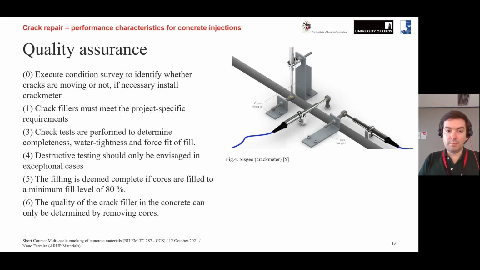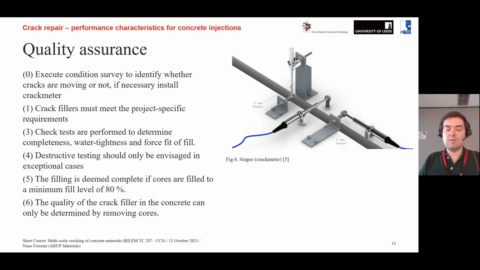You can do check tests. When you do a particular injection plan, you should always do some checks to verify that it's working. Destructive testing in this case involves extraction, of course, so that you can really find out whether the degree of filling is complete or not.